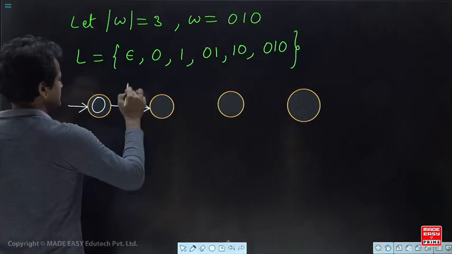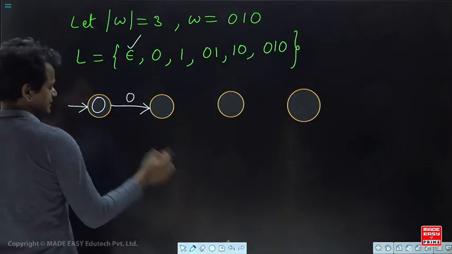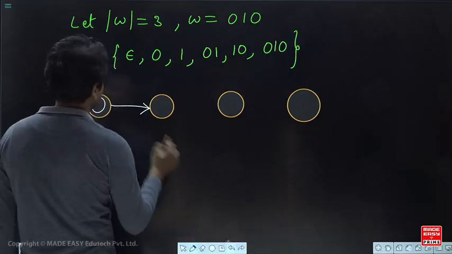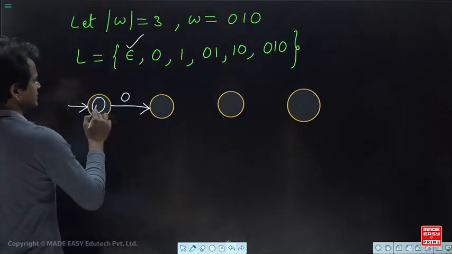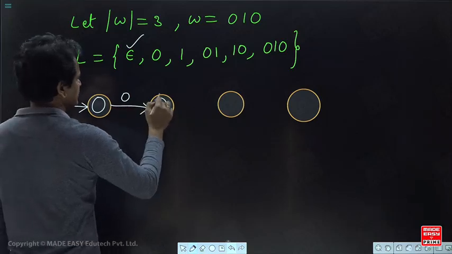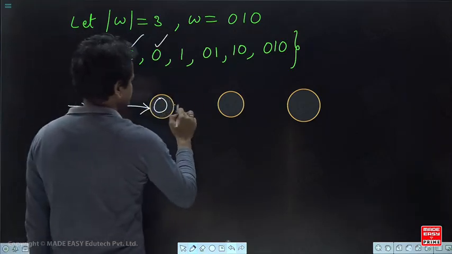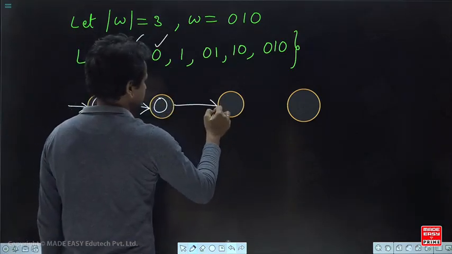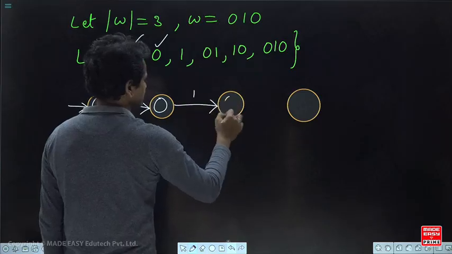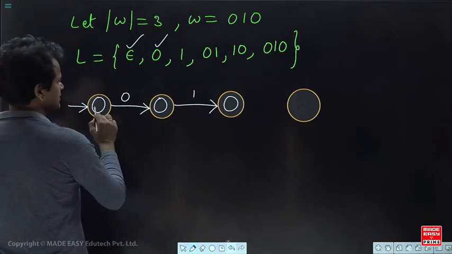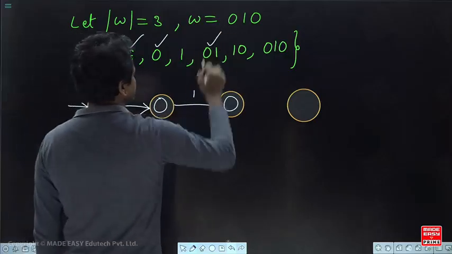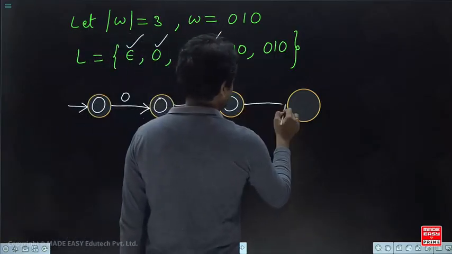This is 0. Epsilon is done. 0 is done. Then 0, 1, 0 ends in the final state. 0 done. 0, 1 done. Then 0, 1, 0.